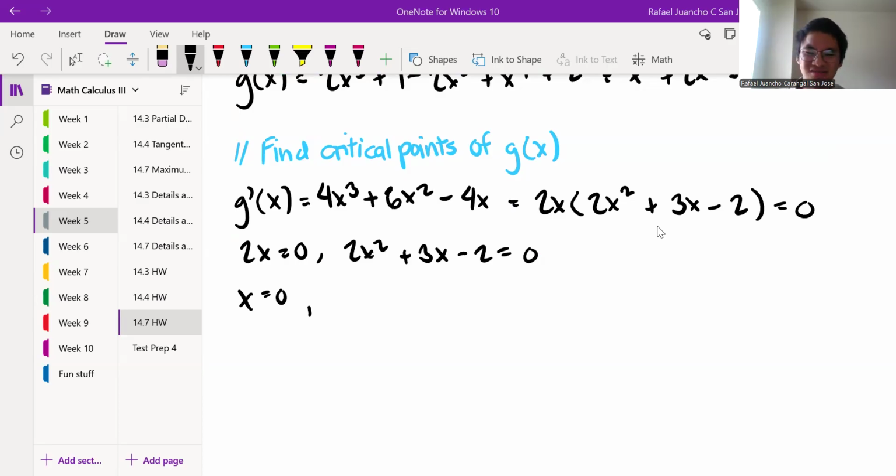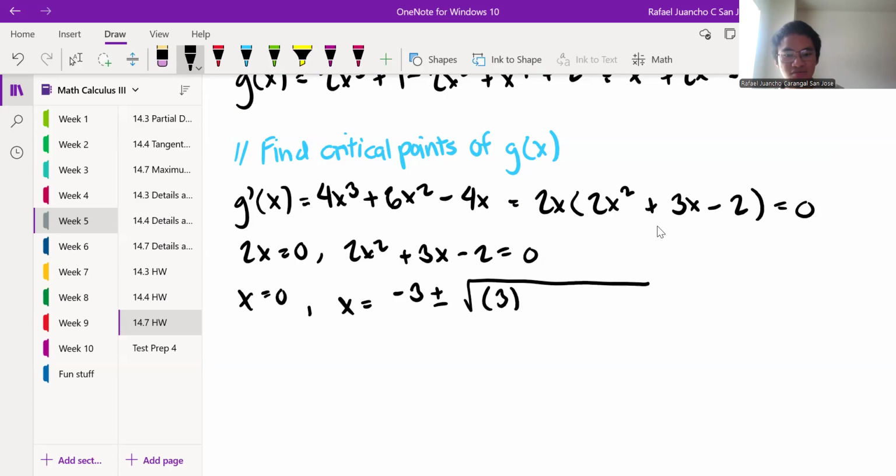Or actually, I could just go ahead and use the quadratic formula. It doesn't matter. To make my life easier, I'm just going to use the quadratic formula. So I get negative b plus or minus the square root of b squared minus 4ac over 2a.